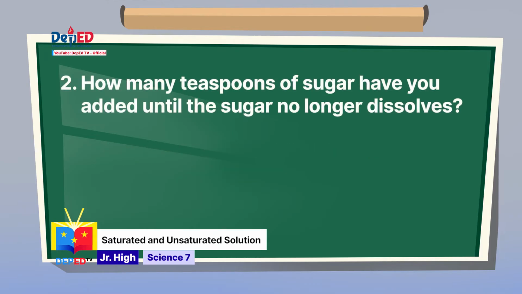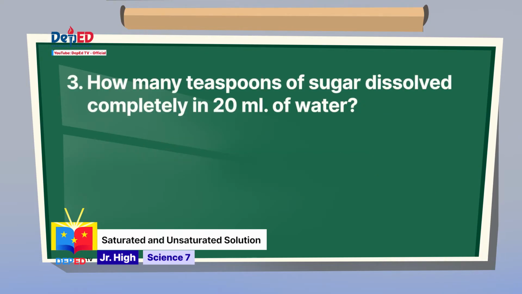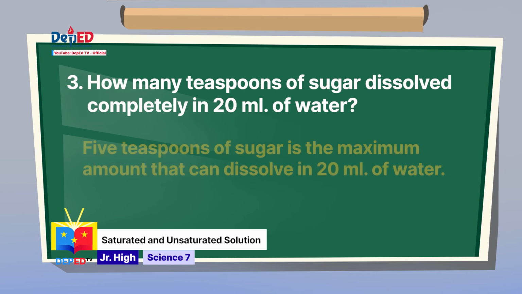How many teaspoons of sugar have you added until the sugar no longer dissolves? 5.5 teaspoons of sugar were added when there was excess undissolved sugar observed remaining in the container. Question 3. How many teaspoons of sugar dissolved completely in 20 ml of water? 5 teaspoons of sugar is the maximum amount that can dissolve in 20 ml of water.